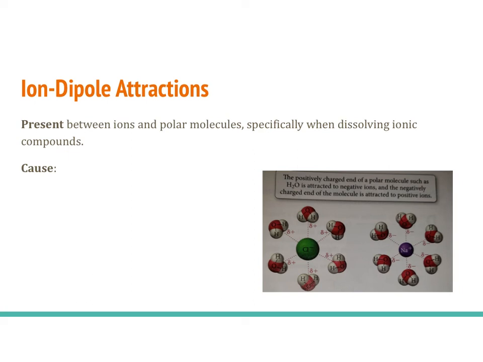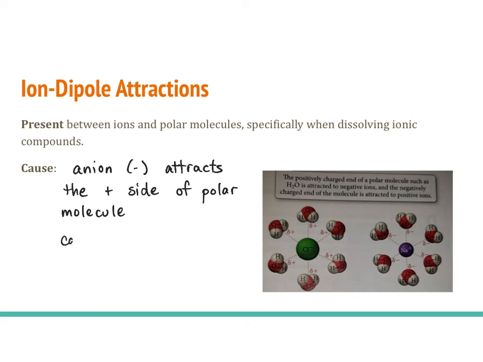And so the cause of this is that the anion, which is negative, attracts the positive side of the polar molecule, and on the other hand, the cation, which is the positive ion, attracts the negative side of the polar molecule.